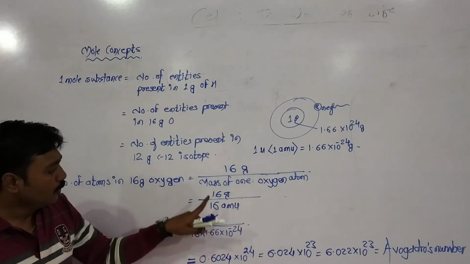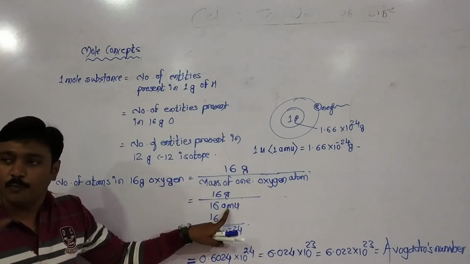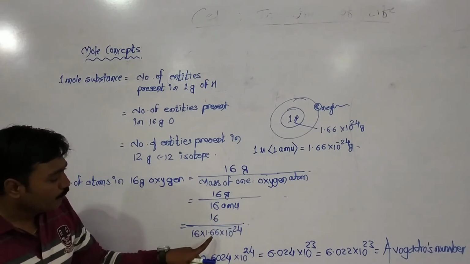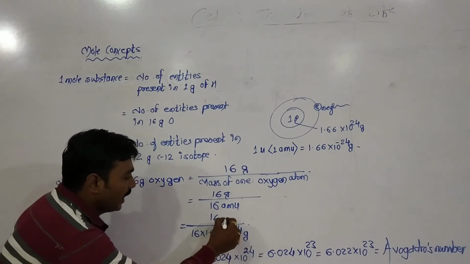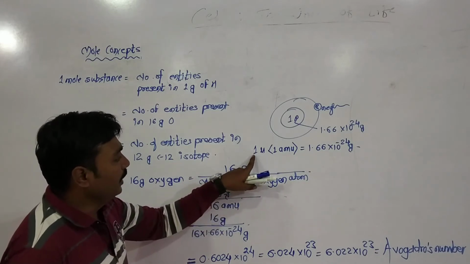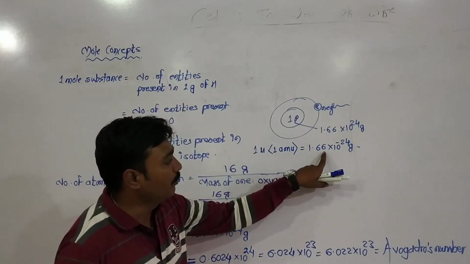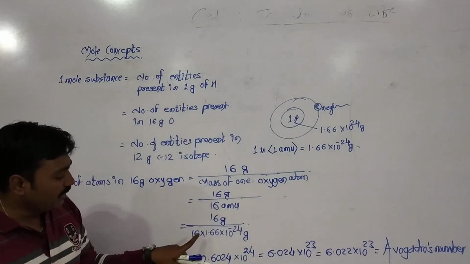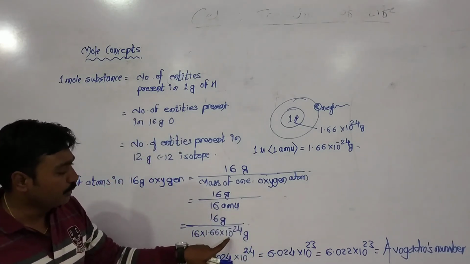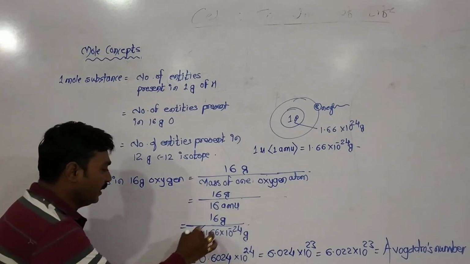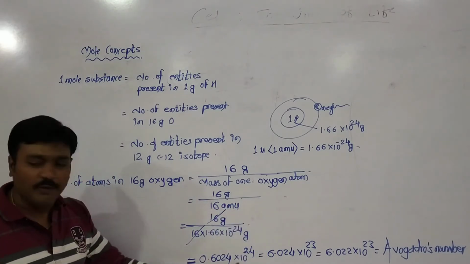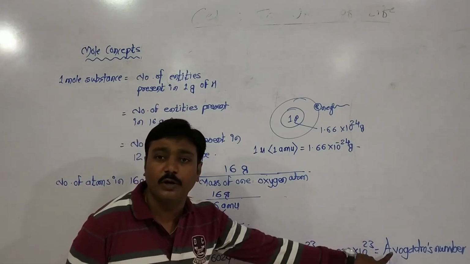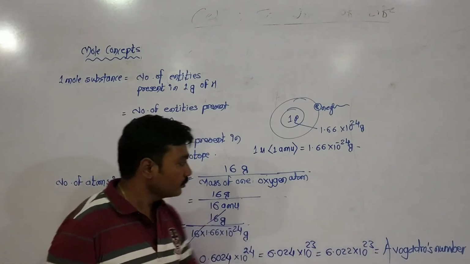Now 16 AMU is the mass of 1 oxygen atom, and this mass is converted into gram by multiplying it with 1.66 into 10 to the power minus 24. 16 AMU is equal to 16 into 1.66 into 10 to the power minus 24. 16 gets cancelled, and finally the answer will be the same, 6.022 into 10 to the power 23, which is equal to Avogadro's number.